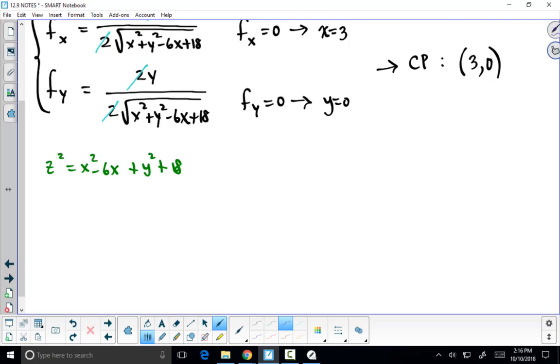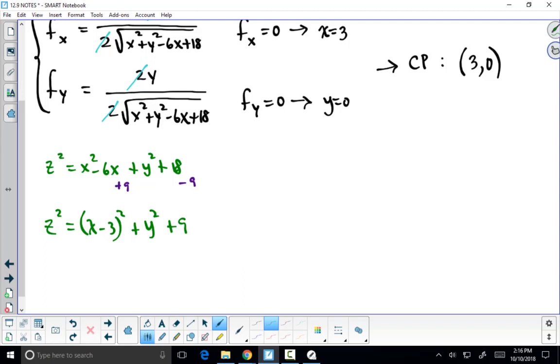Divide by 2 and square. If we divide by 2, we get -3. We square, we get 9. So we need a 9 there, and then we need a -9 over there to offset it. So we'd have z squared equals (x minus 3) squared plus y squared. 18 minus 9 is 9. So we have that.